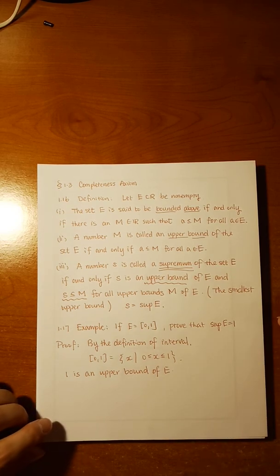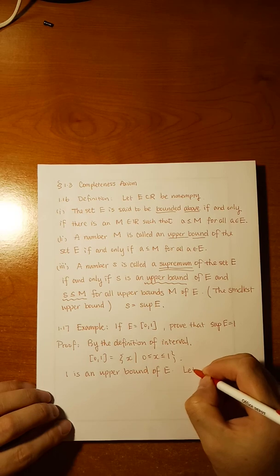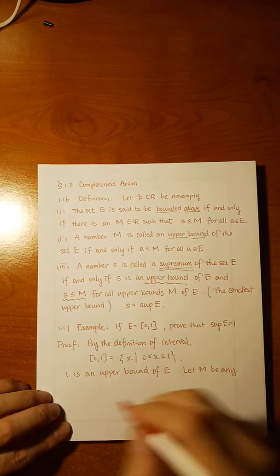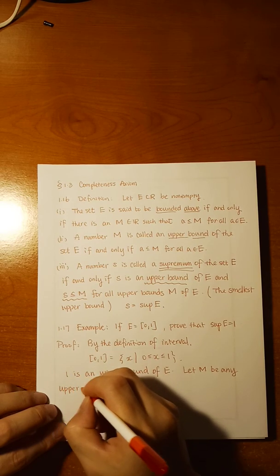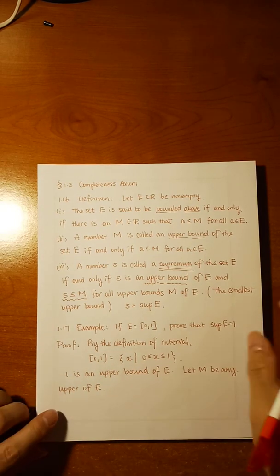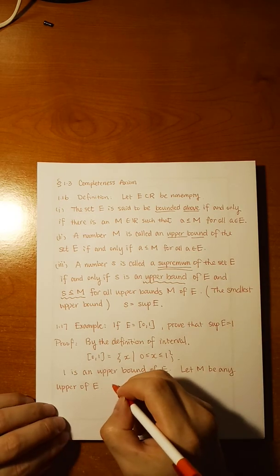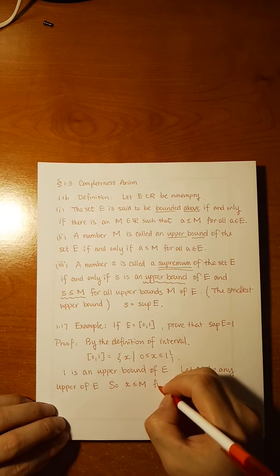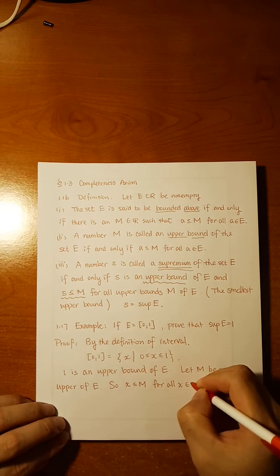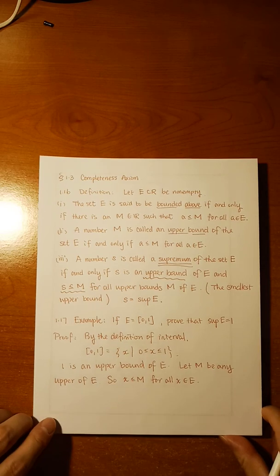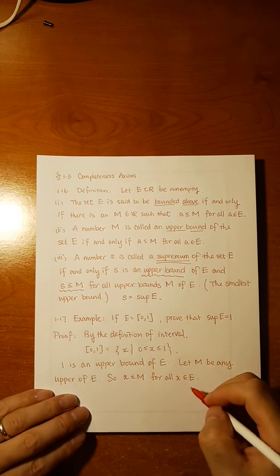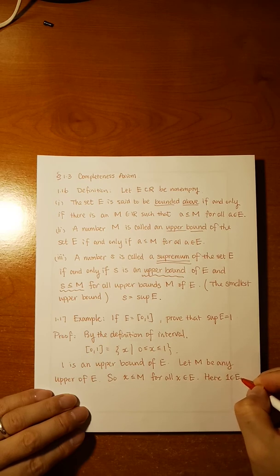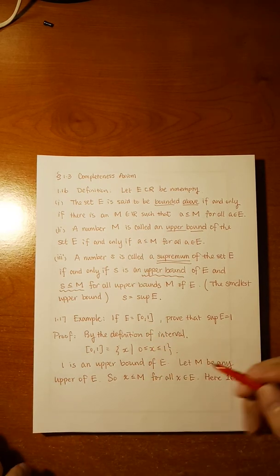Let's select an arbitrary upper bound. So let M be any upper bound of E. So x is going to be less than or equal to M for all x in E. That's the definition of an upper bound, right? So x can be any number. So here 1 belongs to E. 1 is one of them.